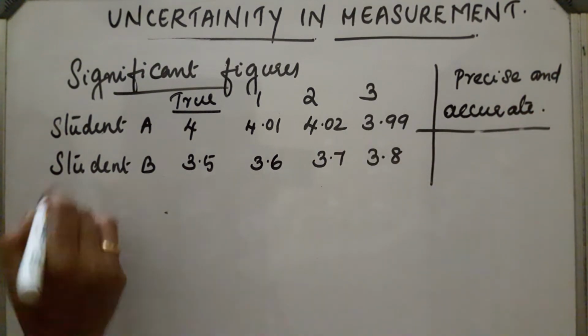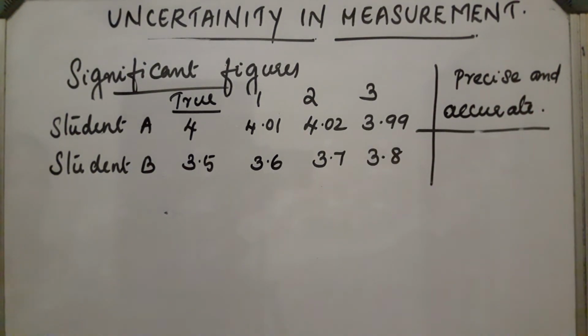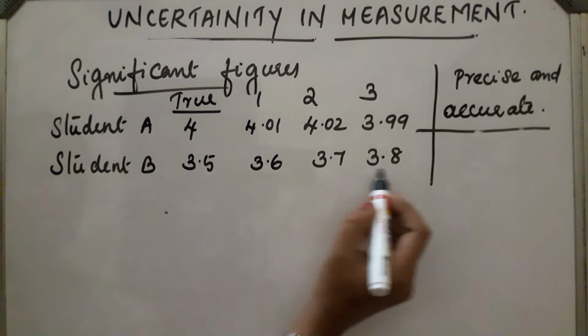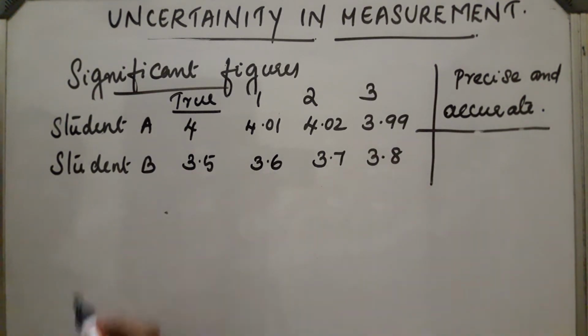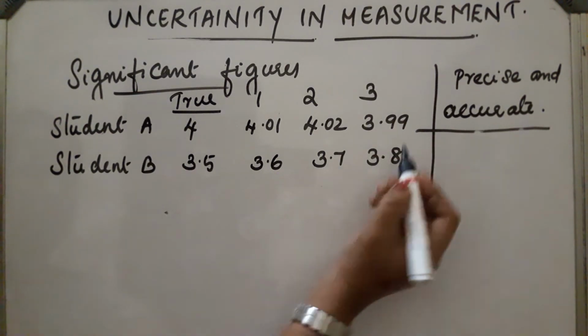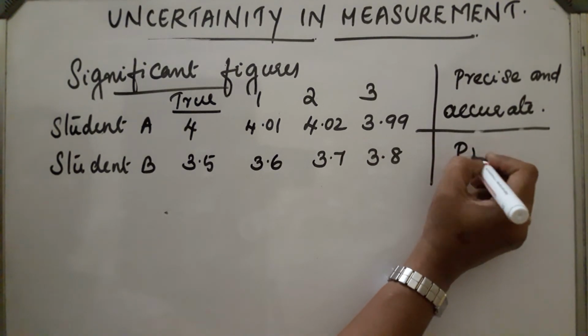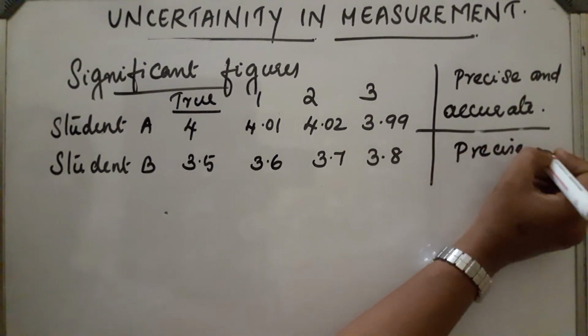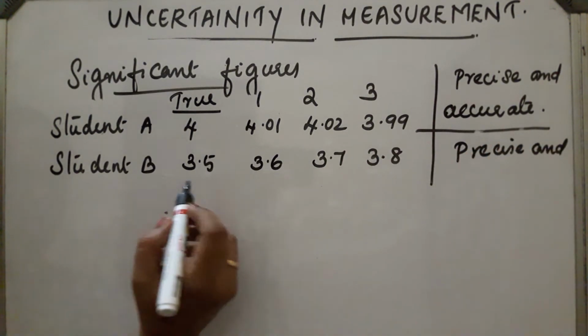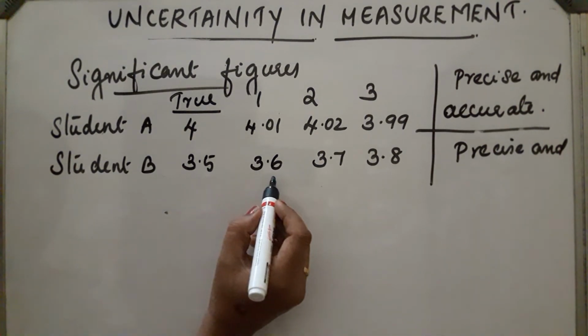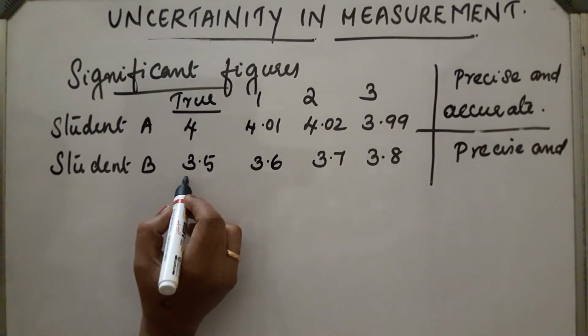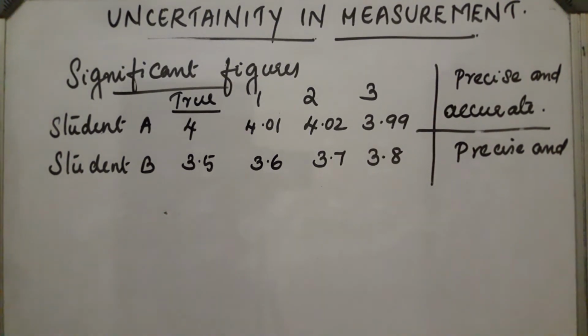What will be the case for student B? Here we can see these three values are almost close to each other, only a 0.1 difference. So we can say that the value is precise. But what about accuracy? There is a 0.1 difference here, then a 0.2 difference, and the last is almost a 0.3 difference.